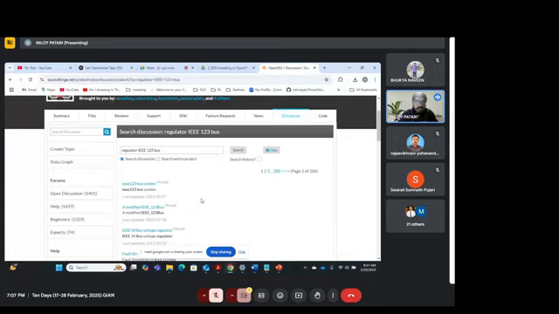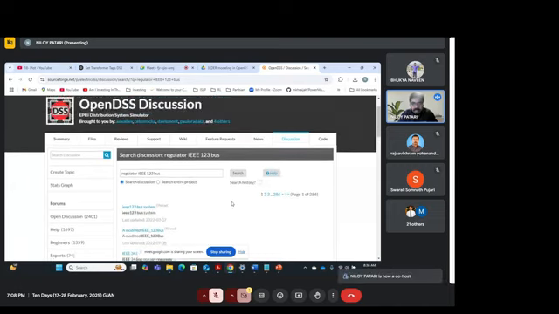You can go through these threads, or you can have an account here in SourceForge and just ask different coders or whoever the developers are in OpenDSS, and they can answer you within some time. So if you are doing research on OpenDSS and distribution system simulations, you can ask questions here.